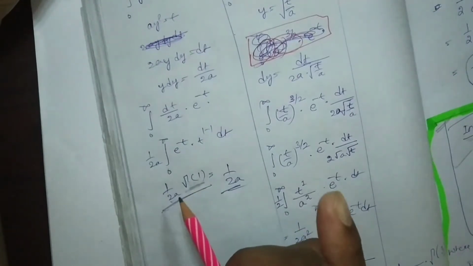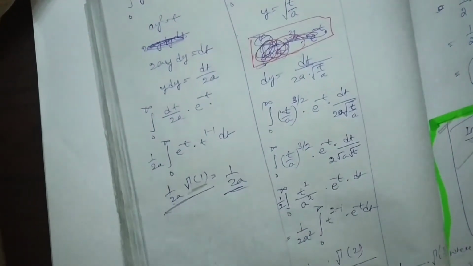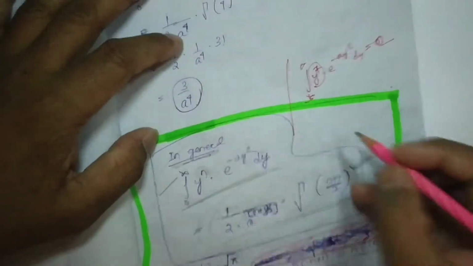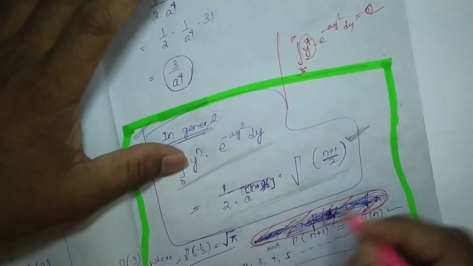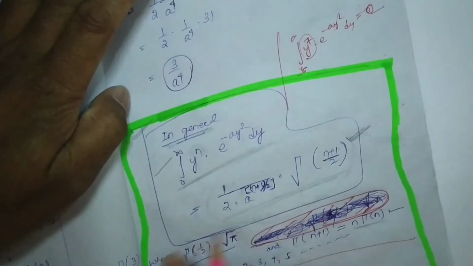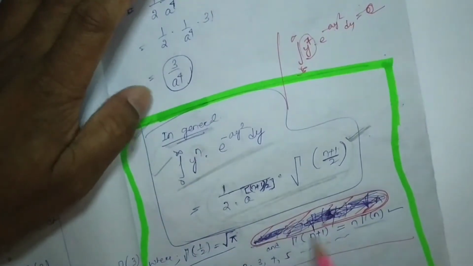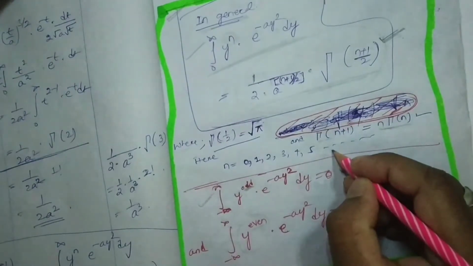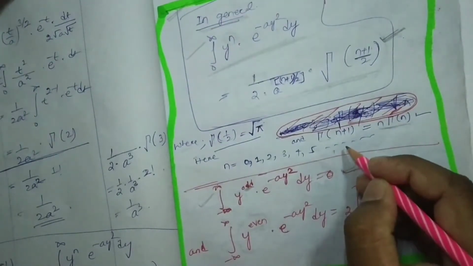And here one thing we know: after writing this, to prove this equal to this, you have to write according to the gamma function.